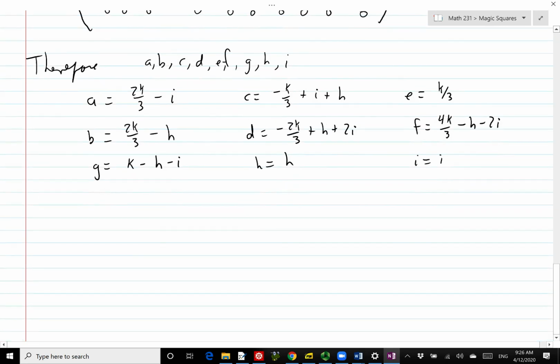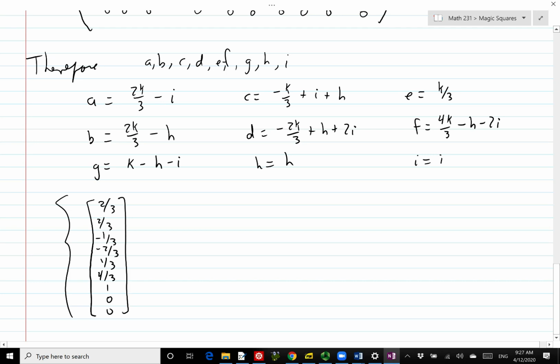So we're left with the following solution set that looks like this. We have 2/3, 2/3, negative 1/3, negative 2/3, 1/3, 4/3, 1, 0, 0. So all of this multiplied by k.